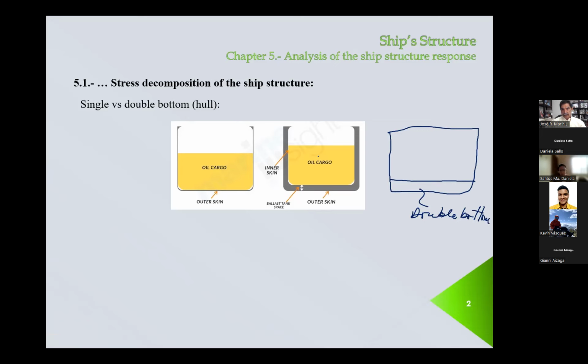Of course, the double hull provides safety not only on the bottom but also on the side. In this case, you only have protection if you have punctures on the bottom, not on the sides, obviously. But in this case, of course, the cargo transportation capacity is reduced.